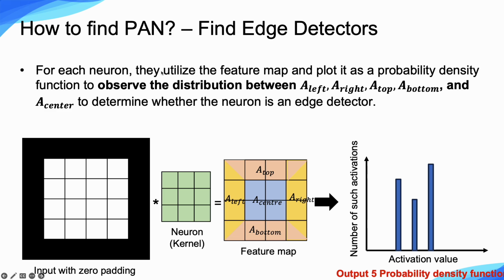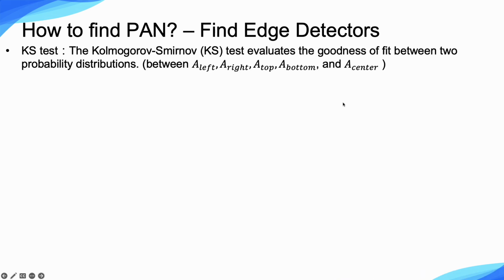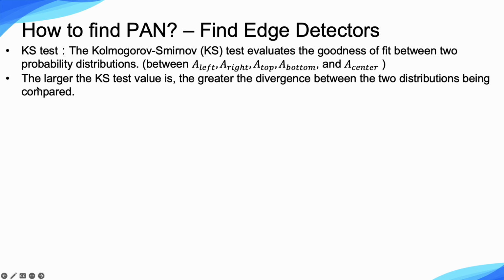So for each neuron, they utilize the feature map and plot it as a PDF to observe the distribution between left, right, top, bottom, and center to determine whether the neuron is an edge detector. They conduct a KS test to evaluate the goodness of fit between 2 probability distributions. The meaning of the KS test is that if the KS test value is larger, the greater the divergence between the 2 distributions being compared.